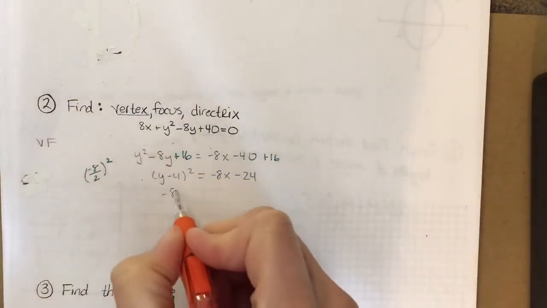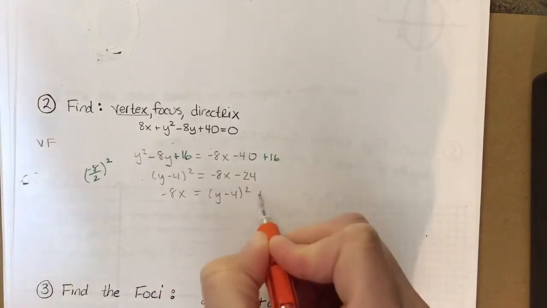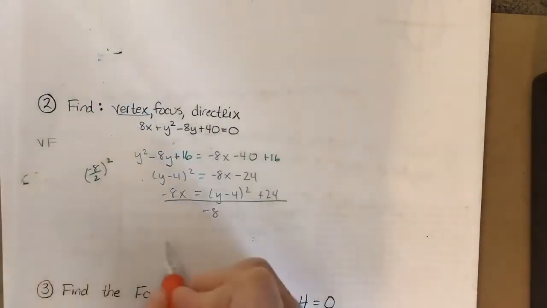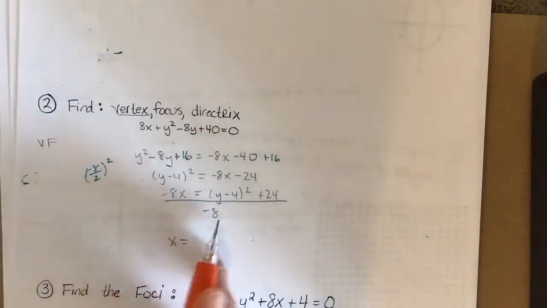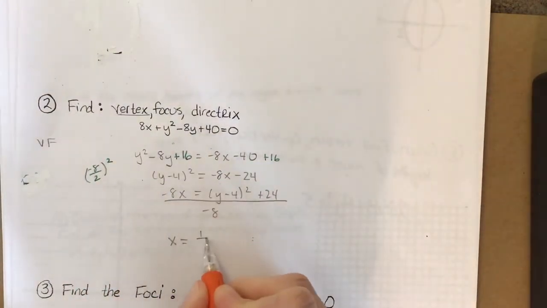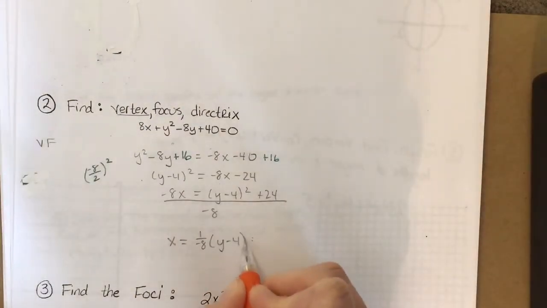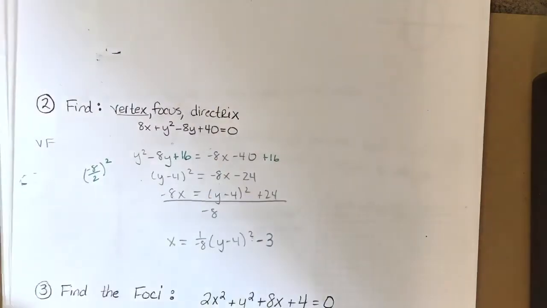I'm going to add 24, and then divide everything by negative 8. So x equals, these cancel, I have 1 over negative 8. Negative 1/8, y minus 4, quantity squared, 24 divided by negative 8, minus 3.